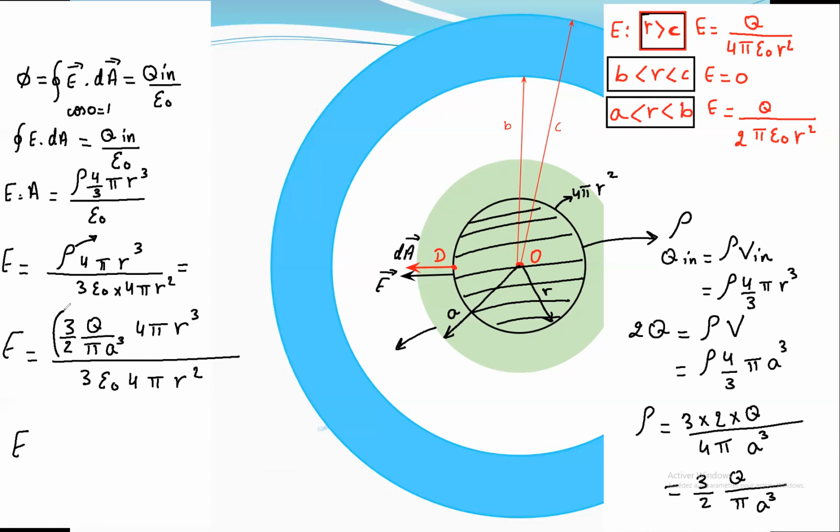Okay, this one is rho. We get finally, we can eliminate 3 and 3.